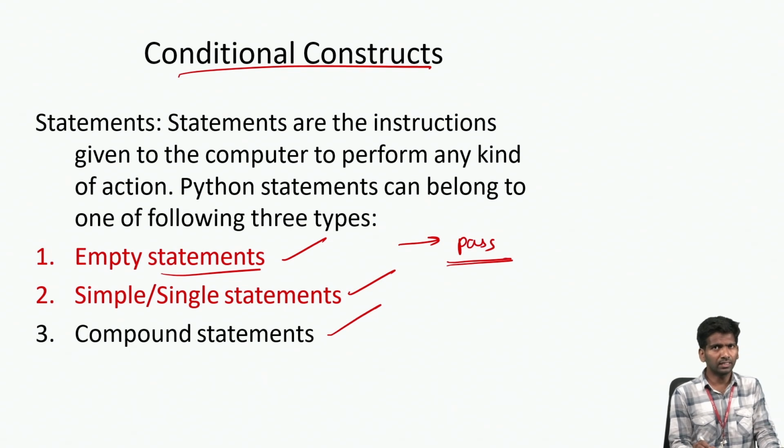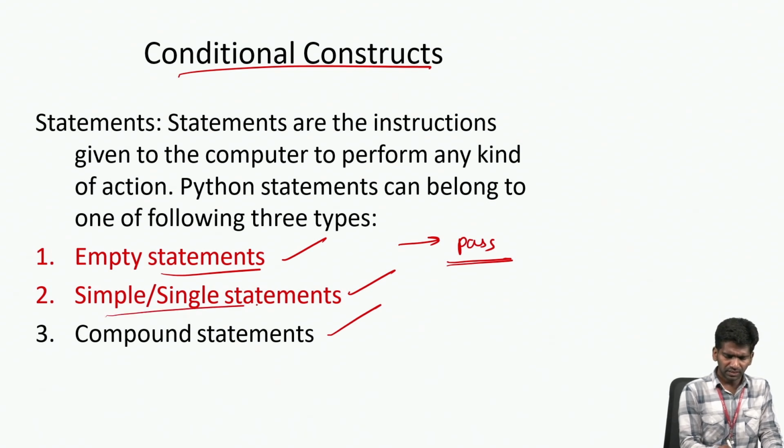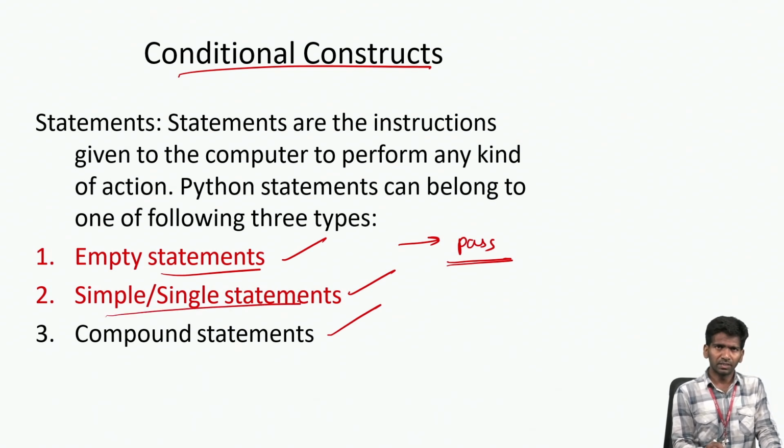To indicate that the condition is empty, and that statement is empty. Simple and single statements means it will be simple, like print, input and all. Whereas for compound statements, we will use head and body.